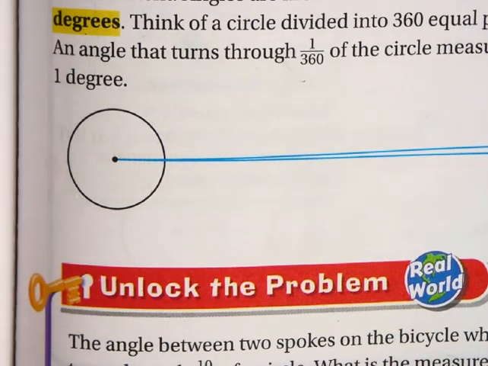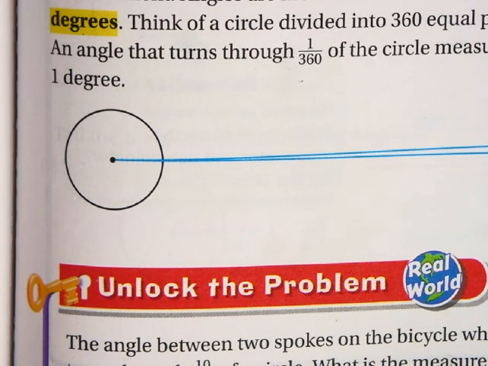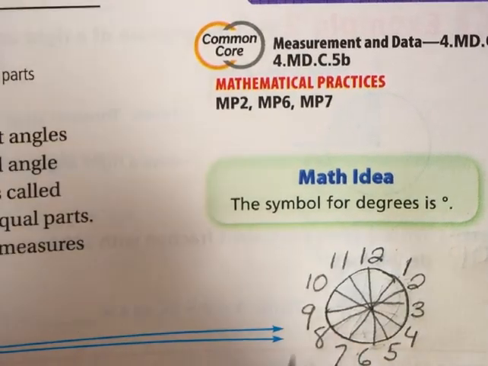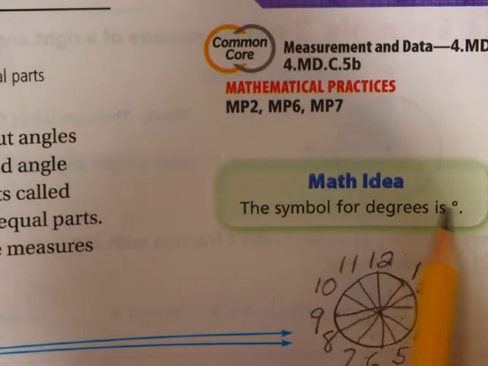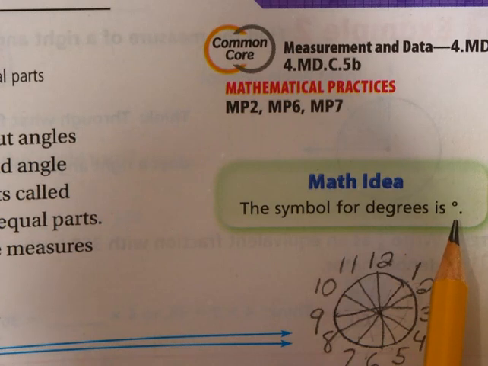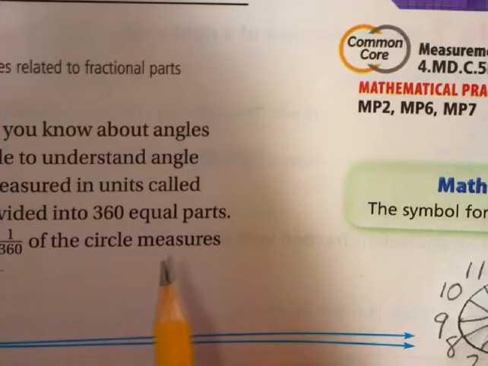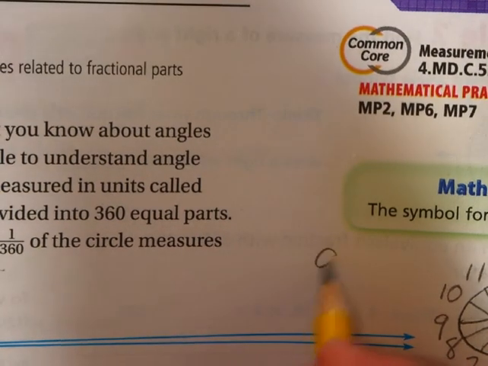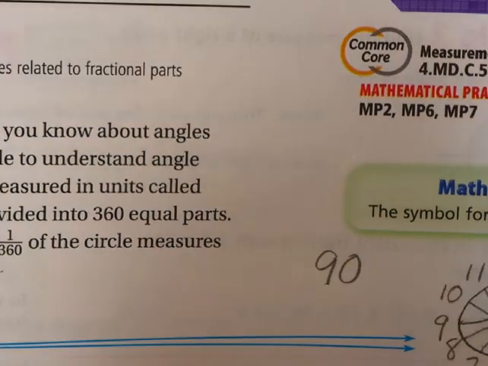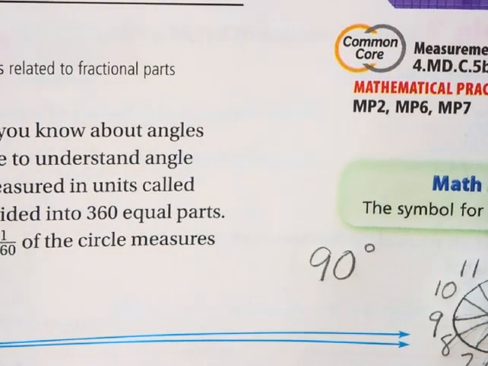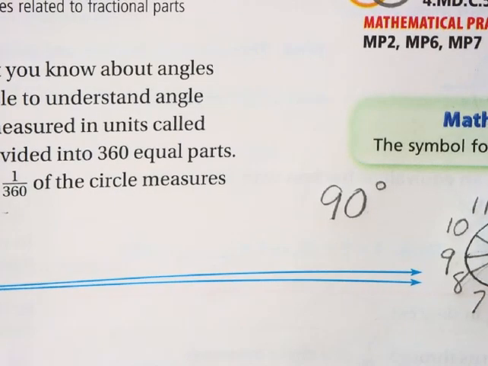Okay, so this shows just 1/360th of the circle. And with this math idea, we need to keep in mind that the symbol for degrees is this little circle here. So if we have a 90-degree angle, we would put 90 with the degree sign right up here, 90 degrees.